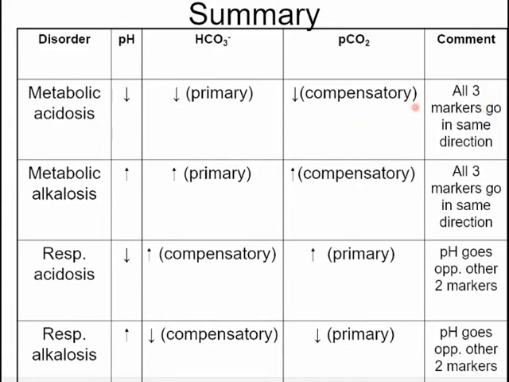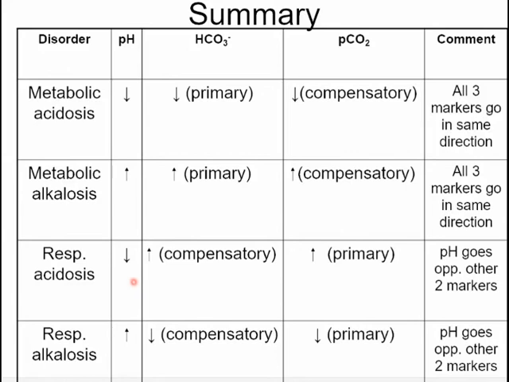So metabolic acidosis is supported by the presence of low pH, low bicarbonate, and low partial pressure of carbon dioxide. In metabolic alkalosis, the opposite happens. There's increased pH, increased bicarbonate production, and increased partial pressure of carbon dioxide. So these markers go in the same direction.